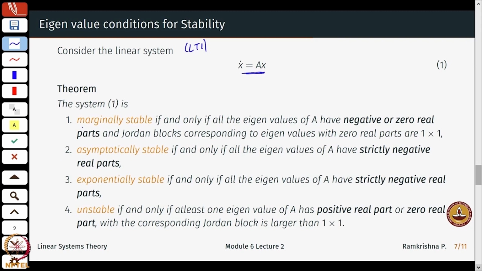So the system 1 is marginally stable if and only if, right, so it works both ways, all eigenvalues of A have negative or 0 real parts. So this has very much to do with the poles. If the poles, the eigenvalues, are here, here and here, this is all stable. Okay. And not only this, so this 0 real part comes with one more condition, that all Jordan blocks corresponding to the eigenvalues with 0 real parts are 1 cross 1.